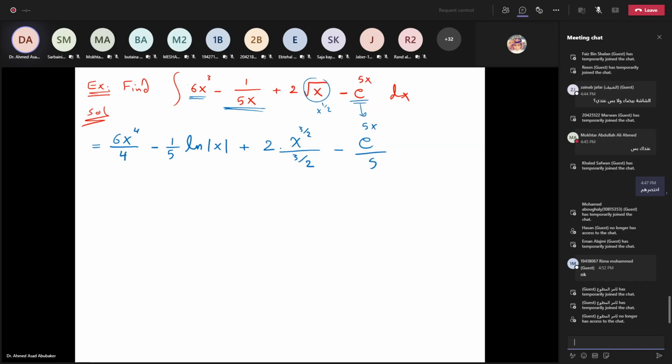This is the integral of this one, and this is for this one. So we have 4 terms.